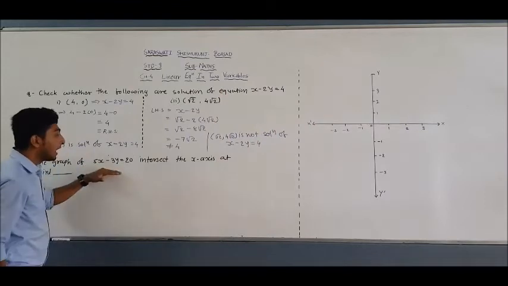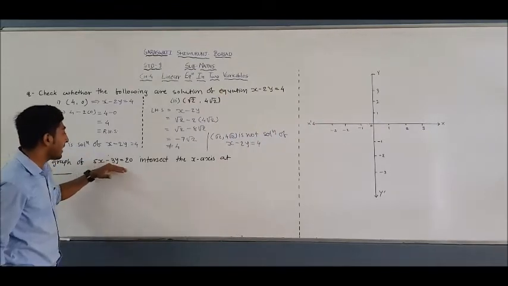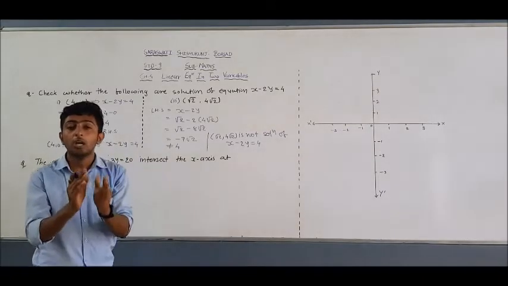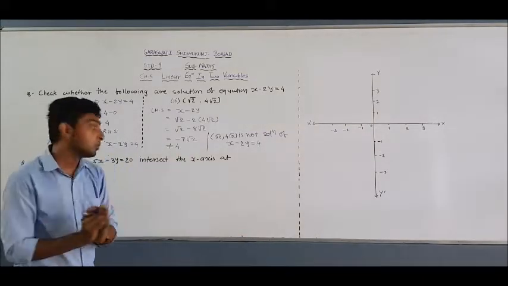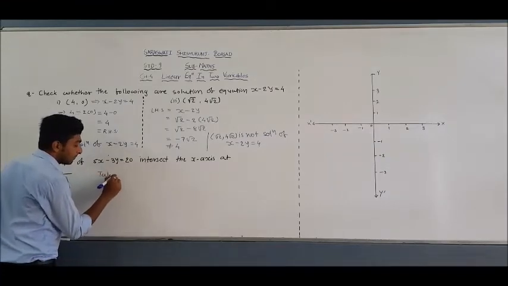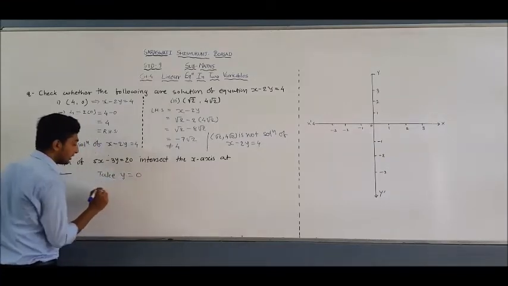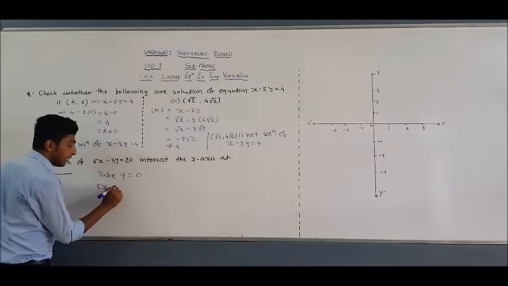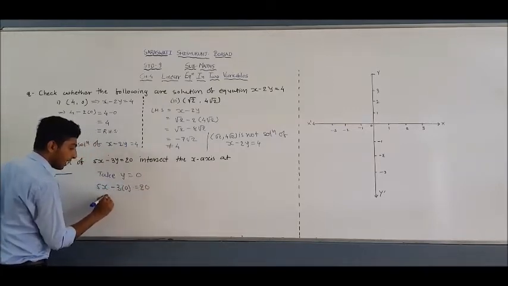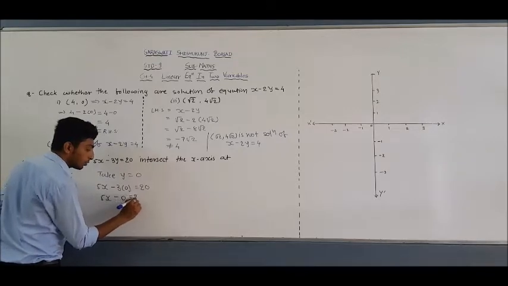That means 5x minus 3y equal to 20 intersects the x-axis. That means you need to take the value of y equal to 0. Let us take y equal to 0. That means 5x minus 3 into 0 equal to 20. That means 5x minus 0 equal to 20.